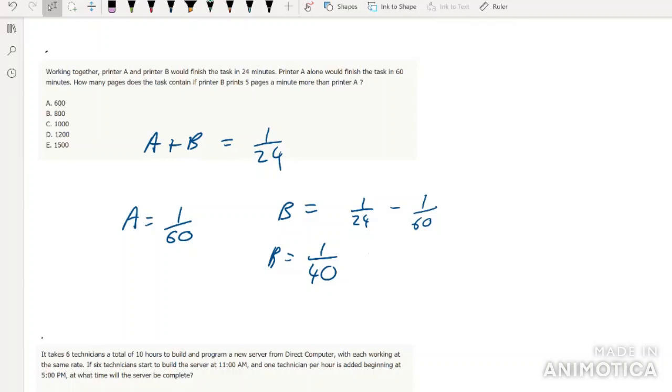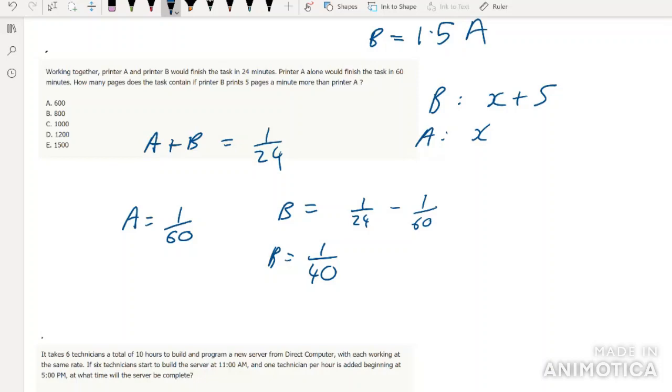And we know that in 24 minutes, B completes, well, if B prints at sort of a rate of X plus 5 compared to A. And A prints at X. And what can we say about B compared to A? Well, B is 1.5 times faster than A.